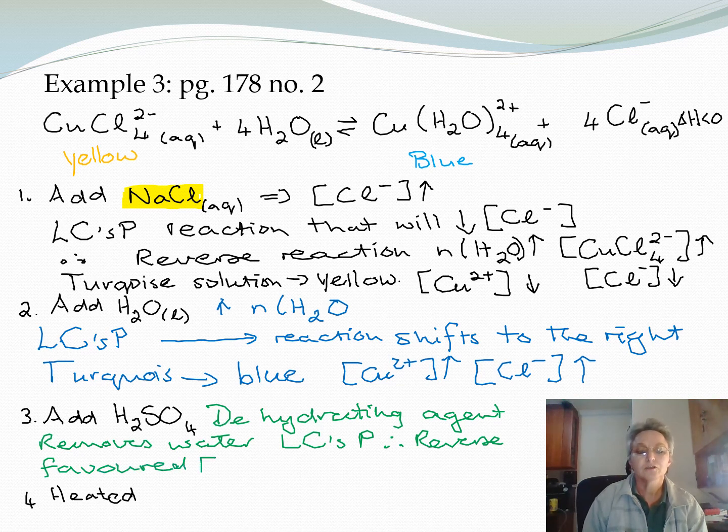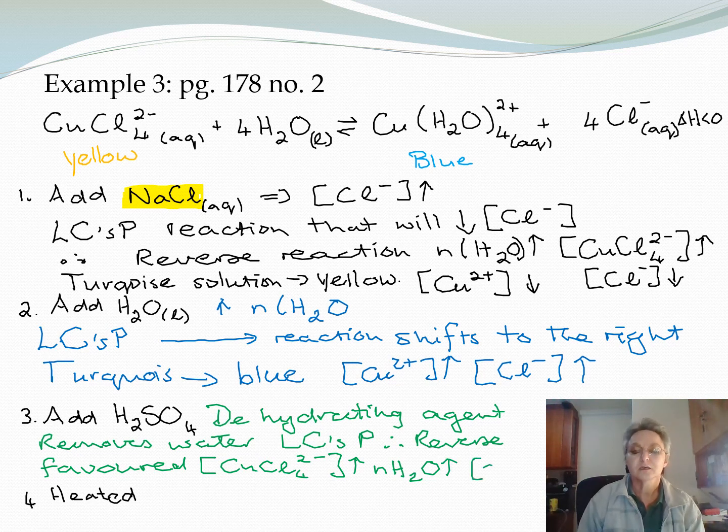So your concentration of copper chloride ions in solution will increase. Your moles of water will increase. Your copper 2+ concentration will decrease, and your copper chloride ion concentration will also decrease.